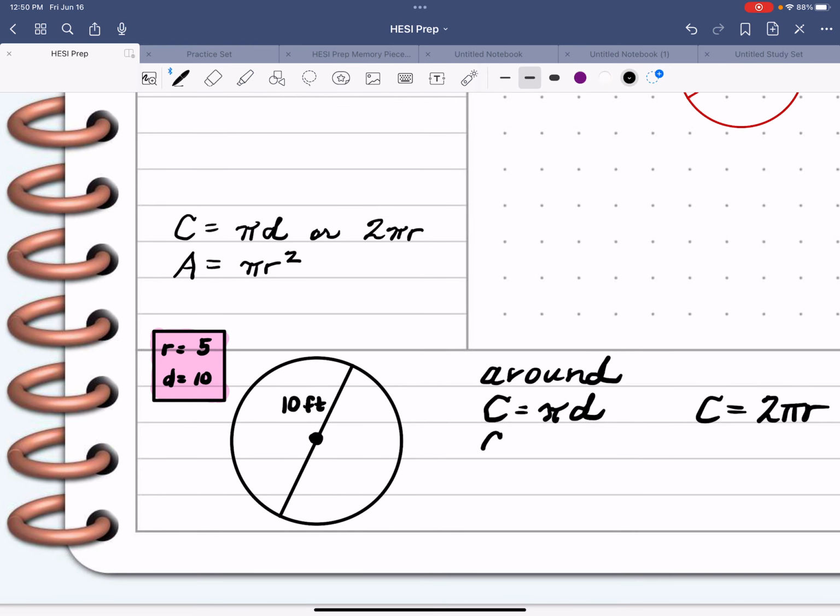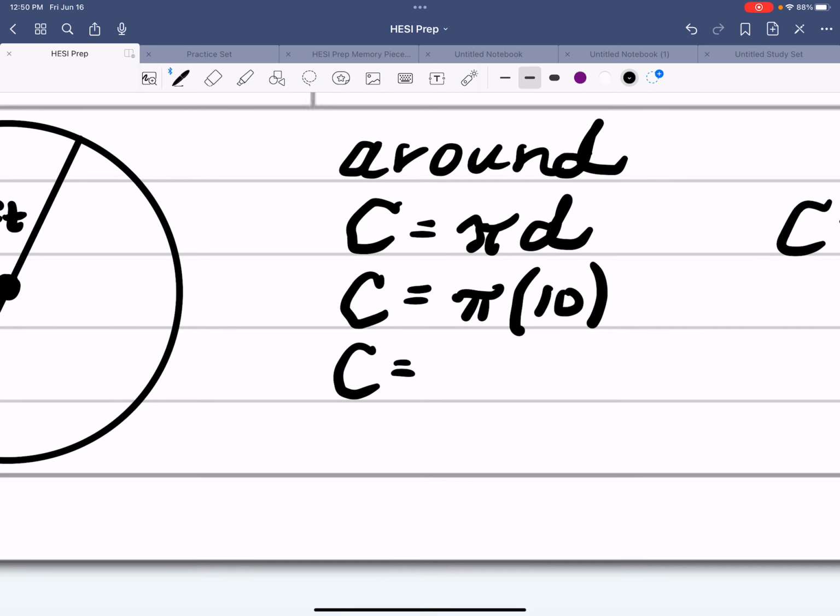So circumference, the distance around, is pi times diameter, which in this case is 10. Pi is 3.14, or 22 over 7. I think on this one I'm going to use 22 over 7 for those of you who may like fractions. So for 22 over 7, that would be times 10 over 1.